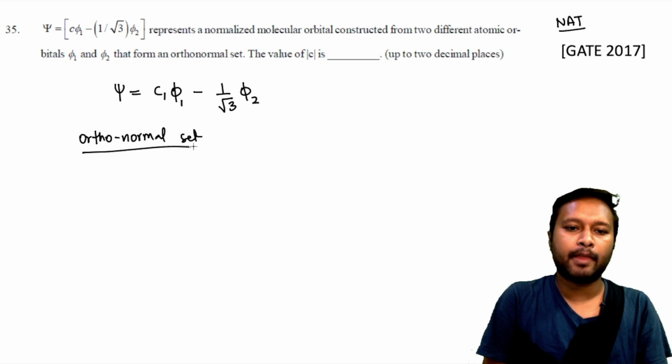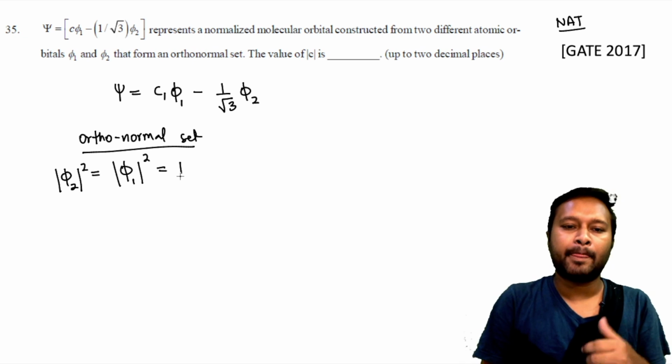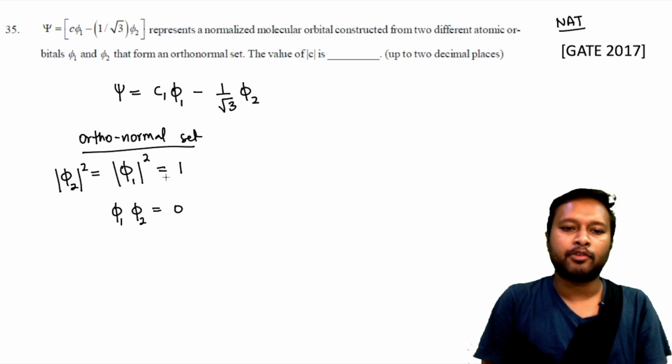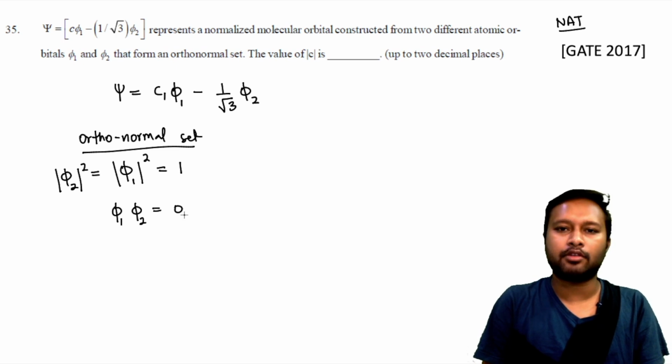An orthonormal set means that if I multiply the wave function phi 1 with itself, that is phi 1 squared, this is going to give me 1, and similarly phi 2 squared is also going to give me 1. But if I multiply phi 1 with phi 2, in that case I will get 0. So this is normalization, this is orthogonality.